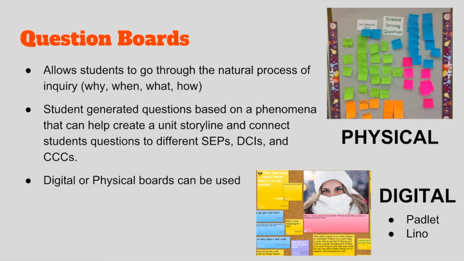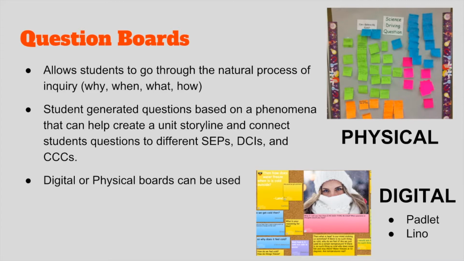They can be embedded within the science lesson to help drive or focus the learning, or used as a way to extend students' learning. Students' questions and question boards become a way to promote curiosity, capture learning, and show progression around a concept or concepts, by allowing students to make connections to different science and engineering practices, disciplinary core ideas, and cross-cutting concepts.